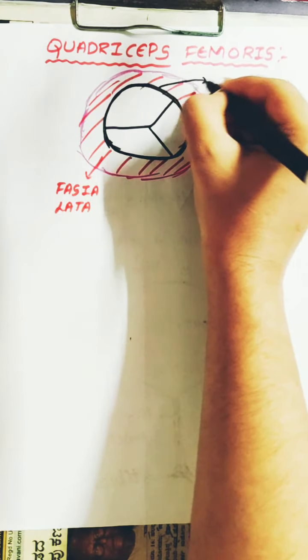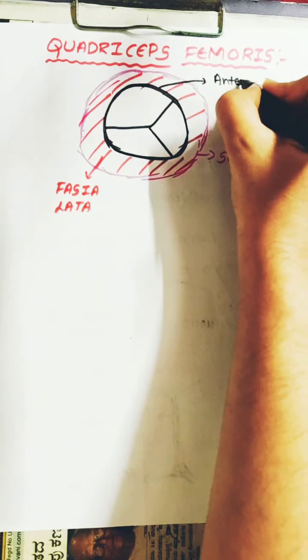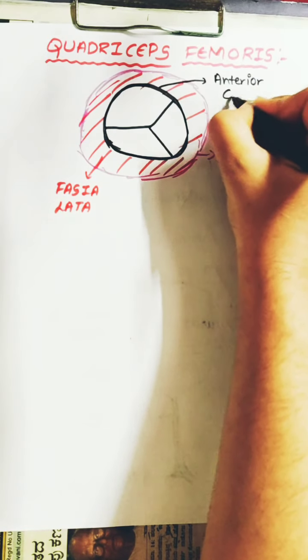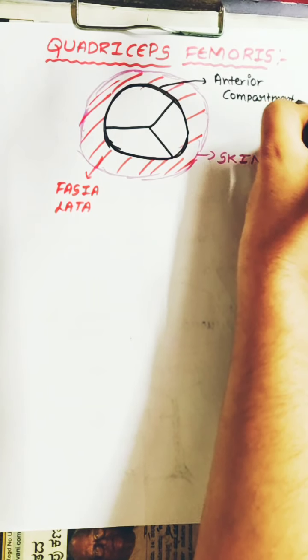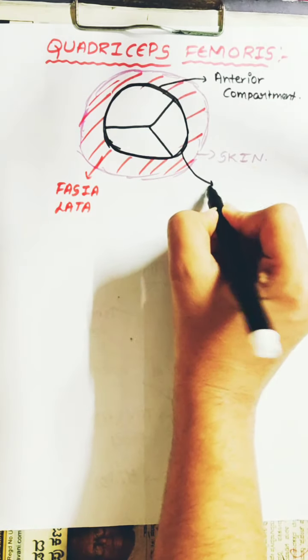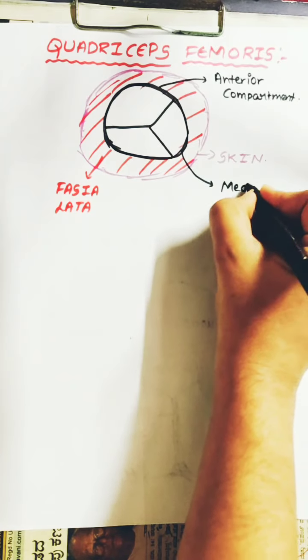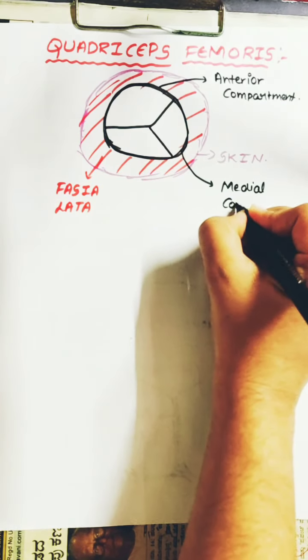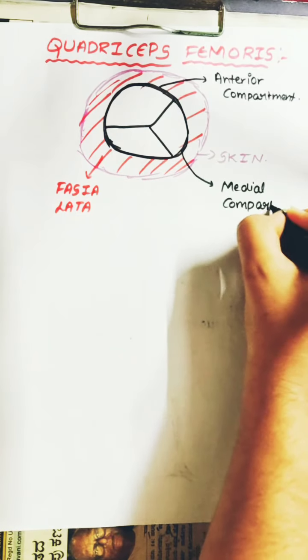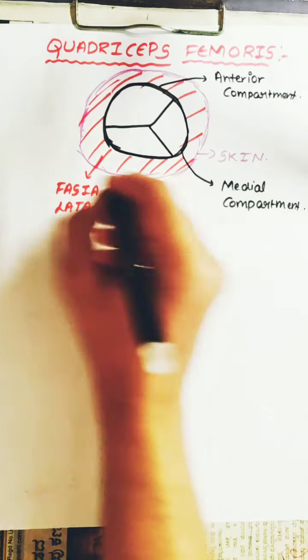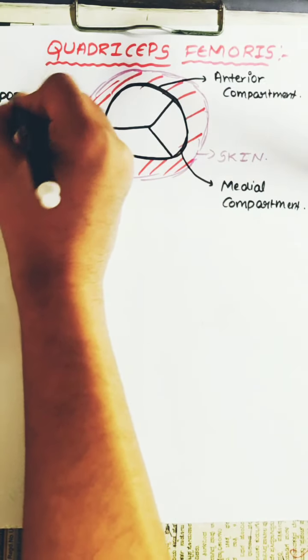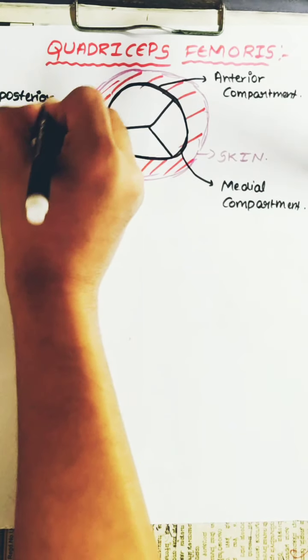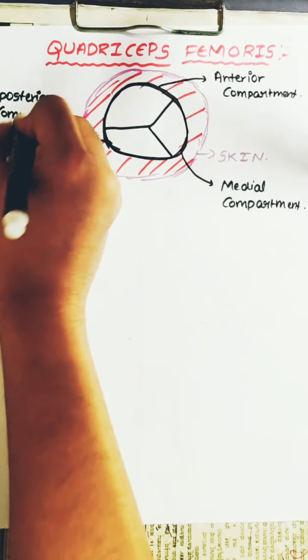This is known as the anterior compartment. This is known as the medial compartment. And this is known as the posterior compartment of the thigh.